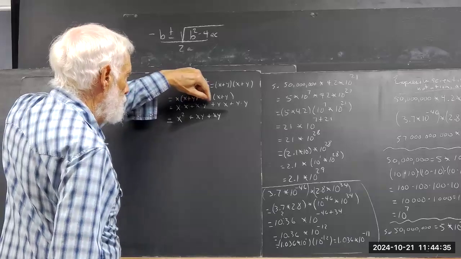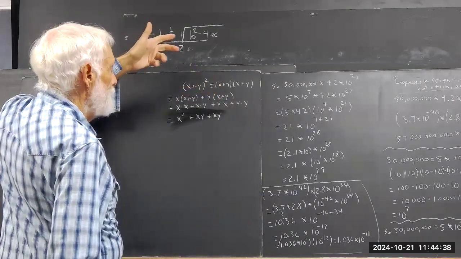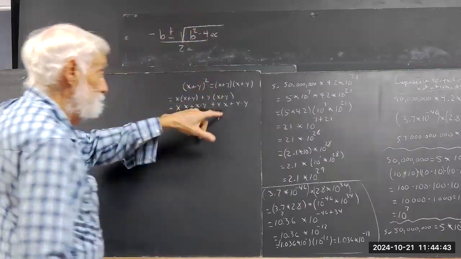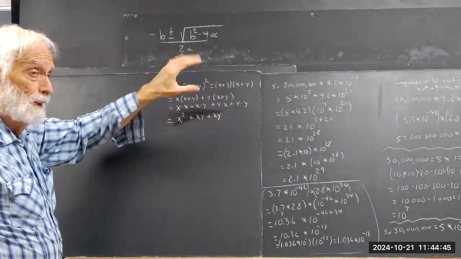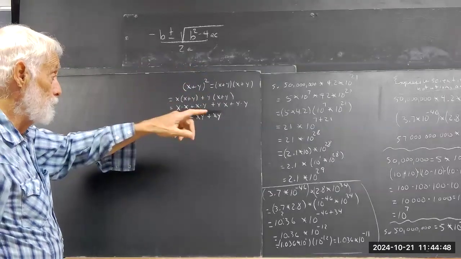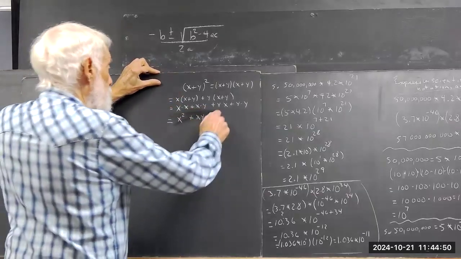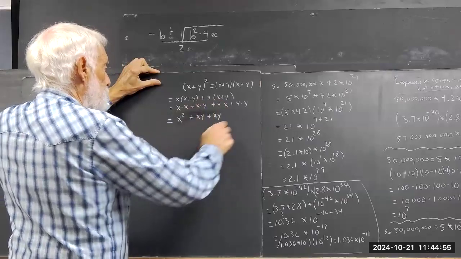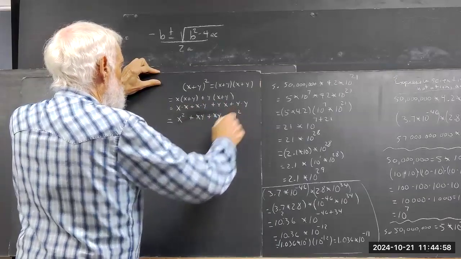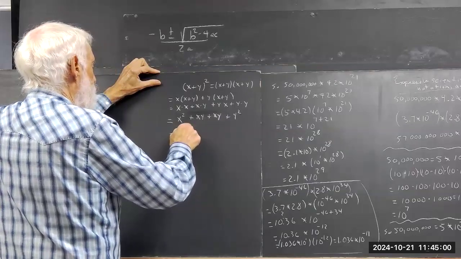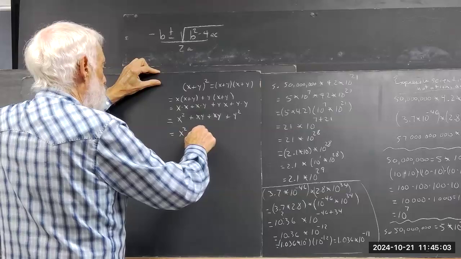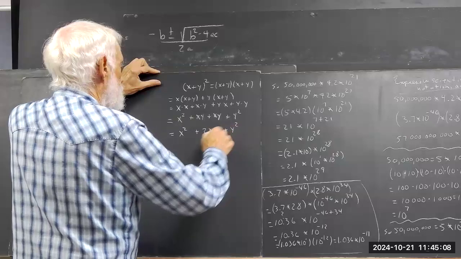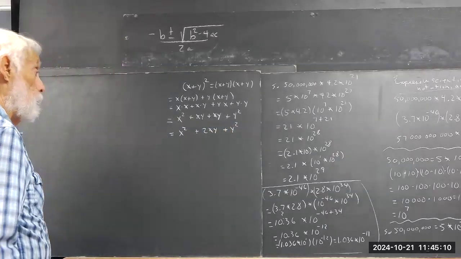Now we have x times y and y times x. Let's write y times x alphabetically as x times y, because the commutative law tells us it doesn't matter in which order we multiply these. And if we do that, we see that this term matches this term. And then this is y squared. Well, xy plus xy is 2xy. And that's y squared.